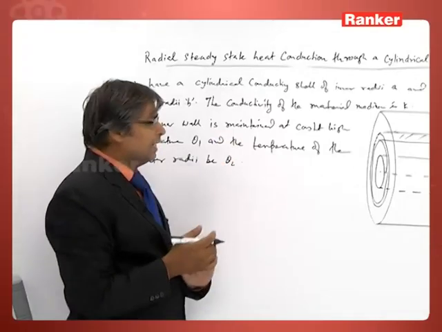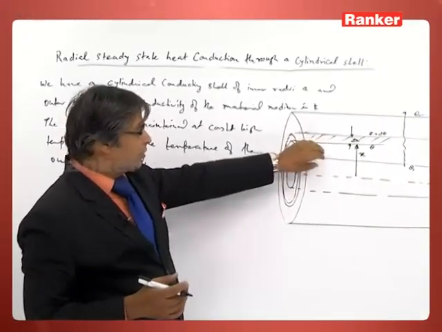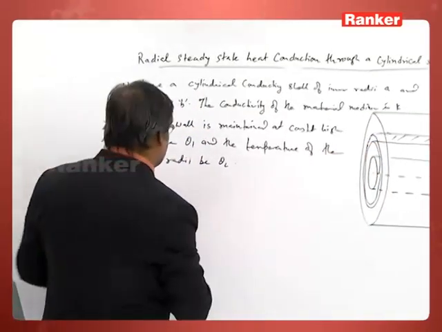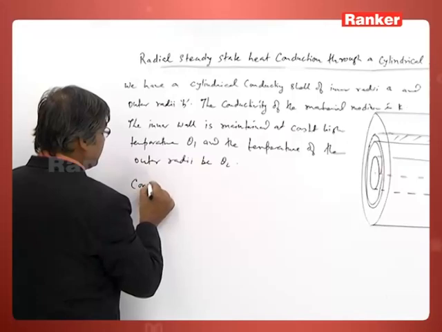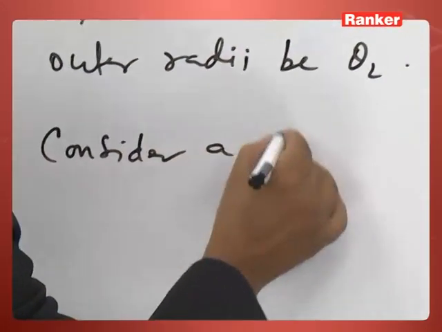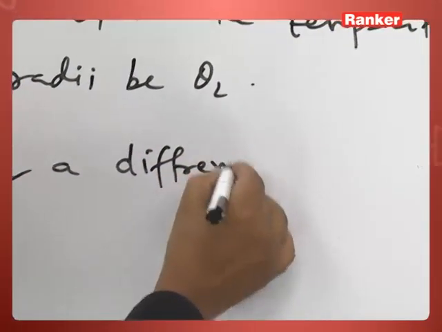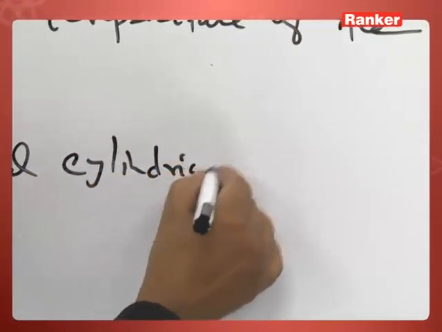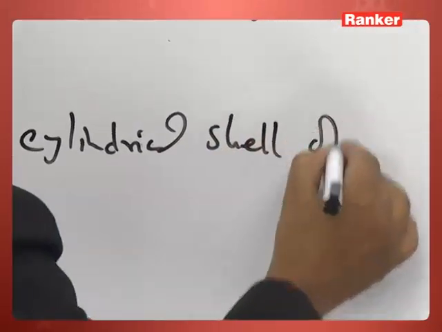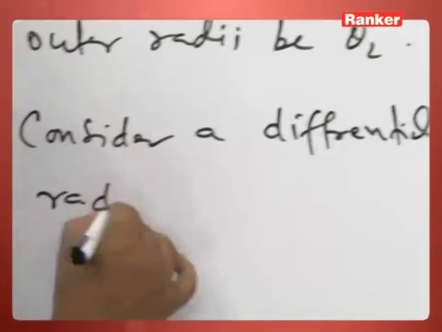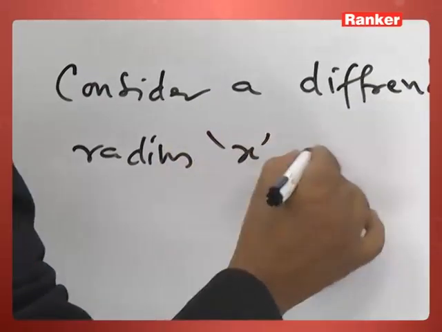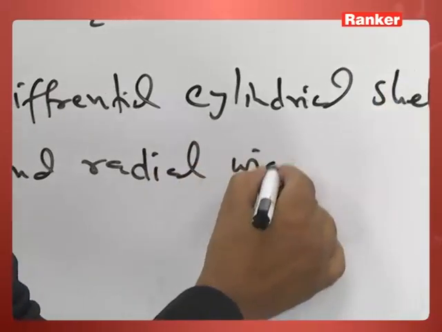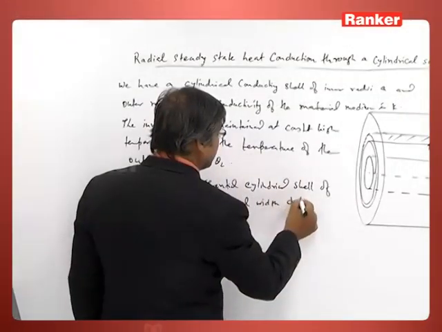Now, in order to study the heat flow, we have to consider a cylindrical element. Consider a differential cylindrical shell of radius x and radial width dx.